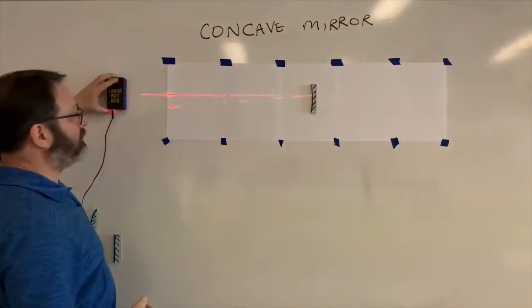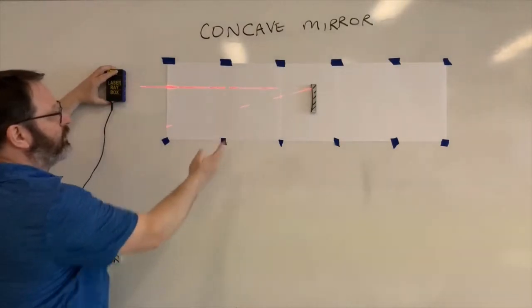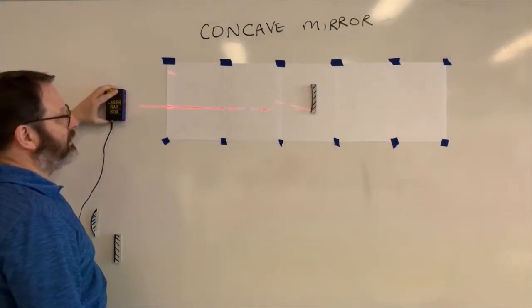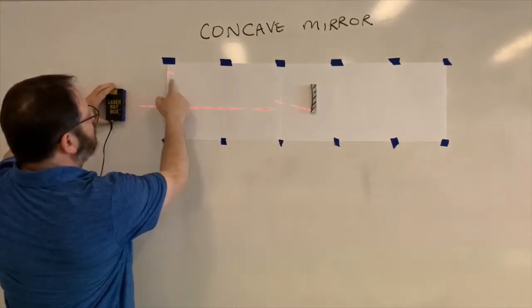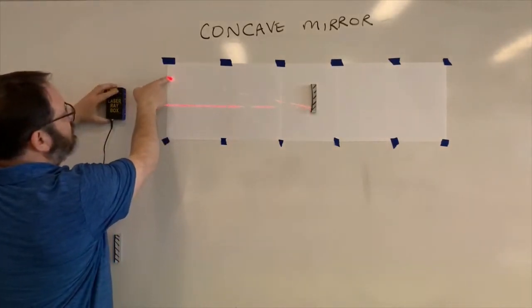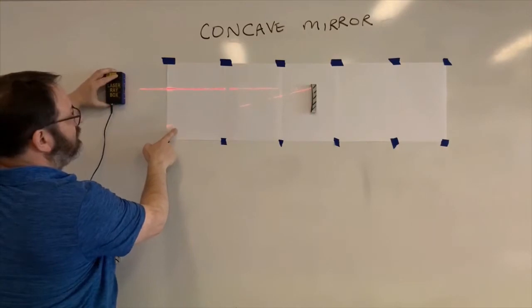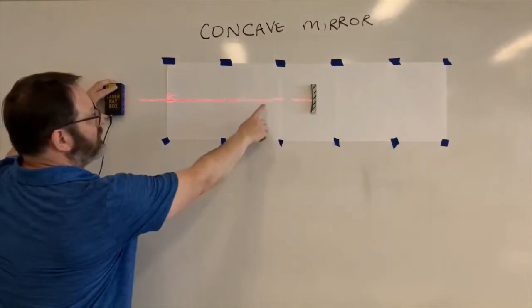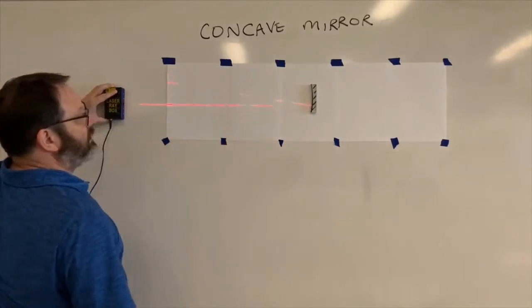As we go up to the top, it tilts more and more down. As we go to the bottom, it tilts more and more up. And if you look out here where the reflected ray is coming, it starts out higher, it ends up lower. In here, it's on the opposite side, and somewhere in the middle, it's maybe not even moving.